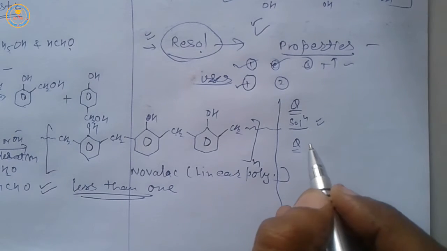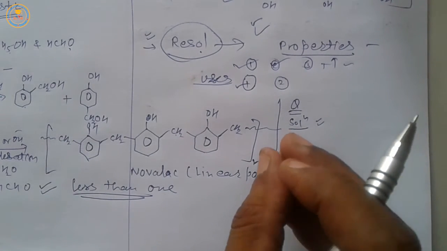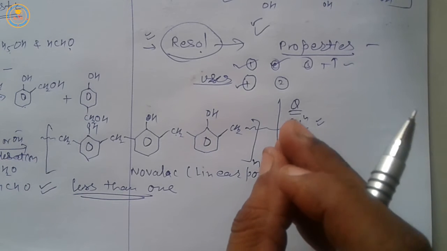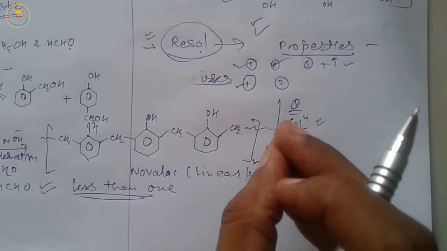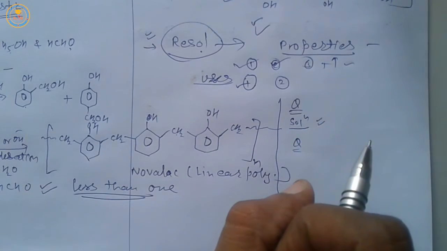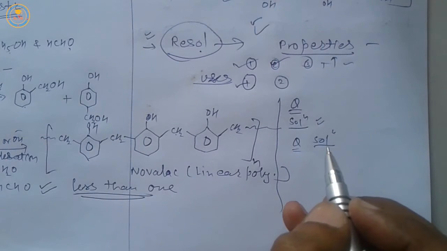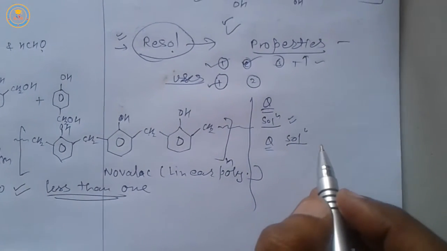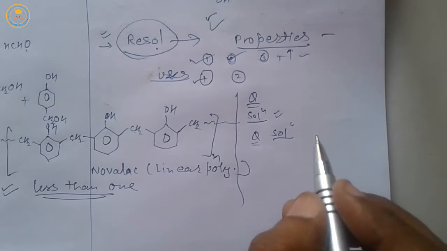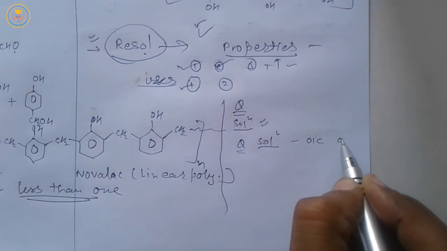Now next question for exercise, very important. To prepare Dacron, we use a monomer in addition to ethylene glycol. Give its functional group and IUPAC name. Solution: terephthalic acid is the second monomer and its IUPAC suffix is oic acid.